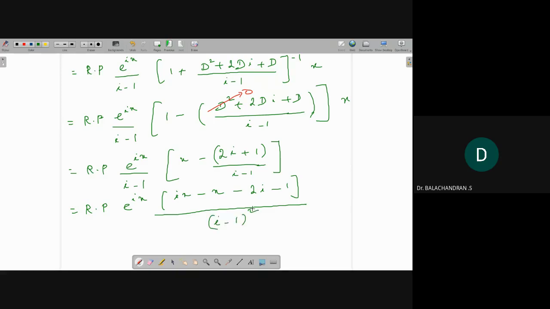Okay, so now write this in terms of real and imaginary parts. Real part of, I will write it on the next page.